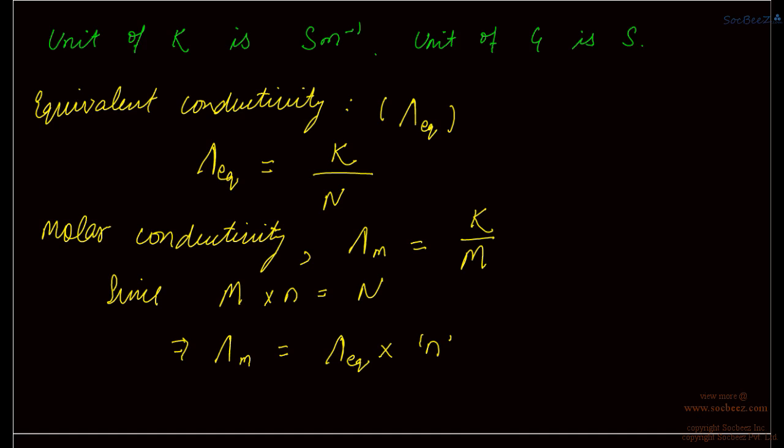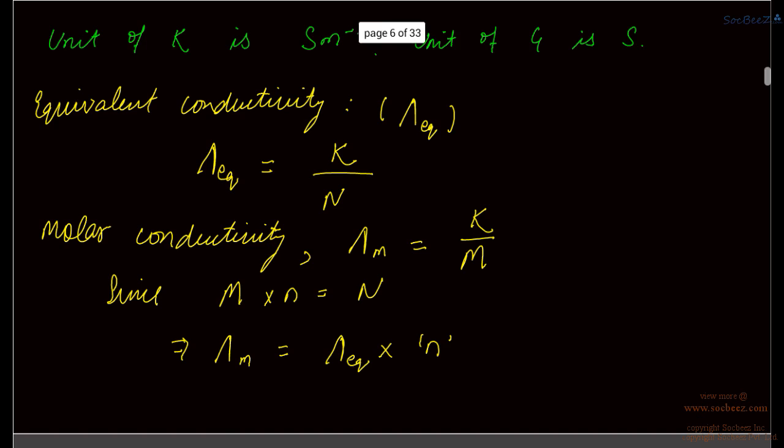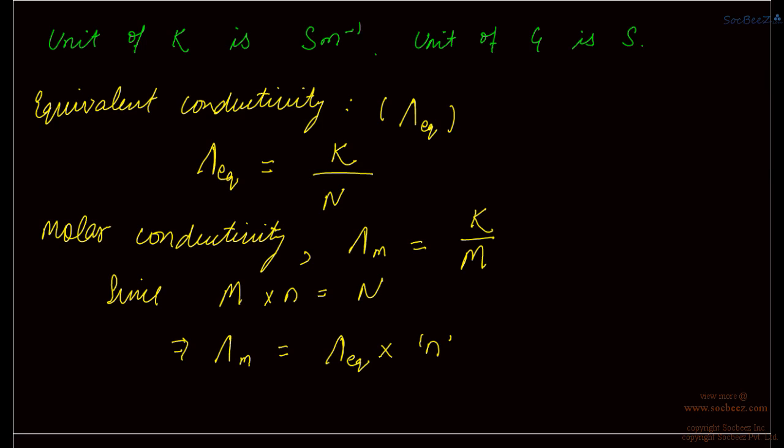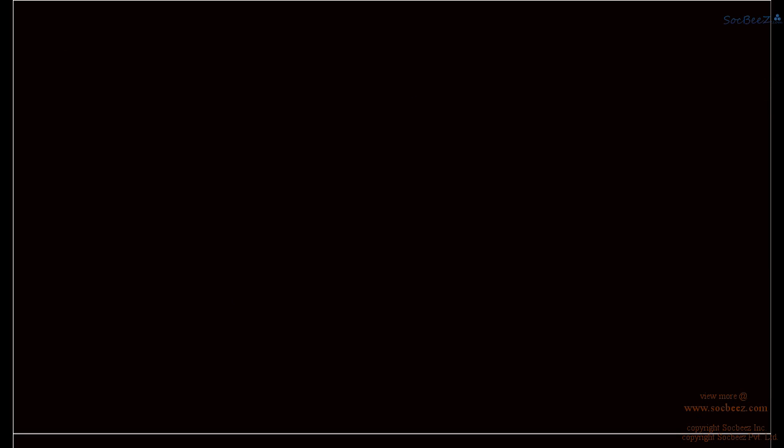Okay. Now in case of any electrolytic solution, we do not generally get one particular ion. We get a group of ions, and hence the conductivity of that particular solution is governed by Kohlrausch's law.